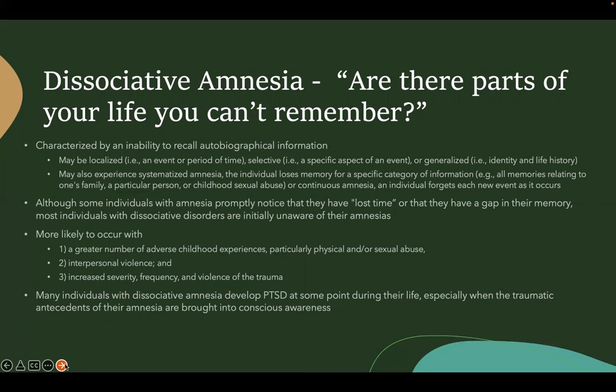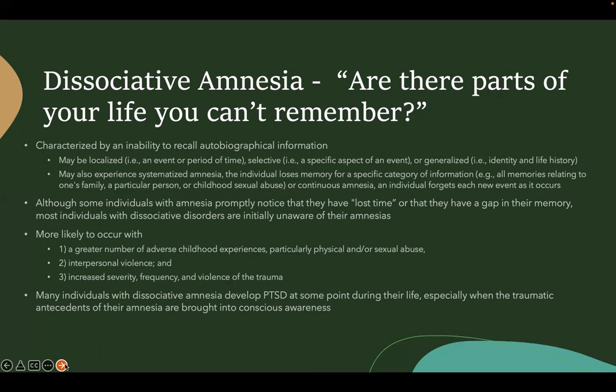This dissociative amnesia is more likely to occur with a greater number of adverse childhood experiences, or ACEs, particularly if they are physical or sexual in nature. It is more likely to occur with interpersonal violence. This can be domestic violence, intimate partner violence, stranger violence, but interpersonal just means between two people. And it can occur with increased severity, frequency, and violence of the trauma.